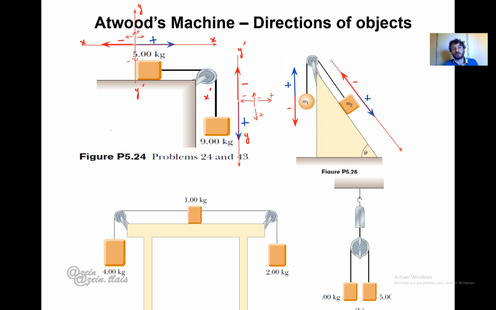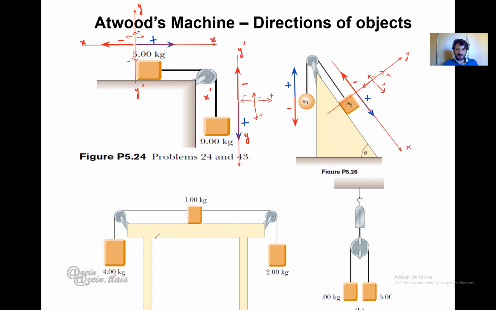You can say this one is X. I advise you to take X-axis always in the direction of motion, okay? And here you have Y. So like this you have positive, the opposite is negative, up will be positive, and down is negative.